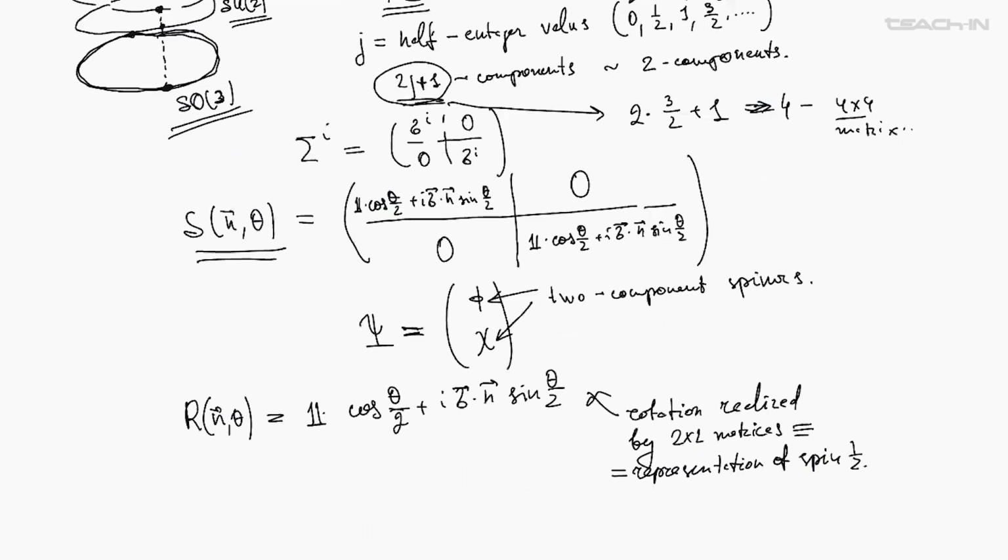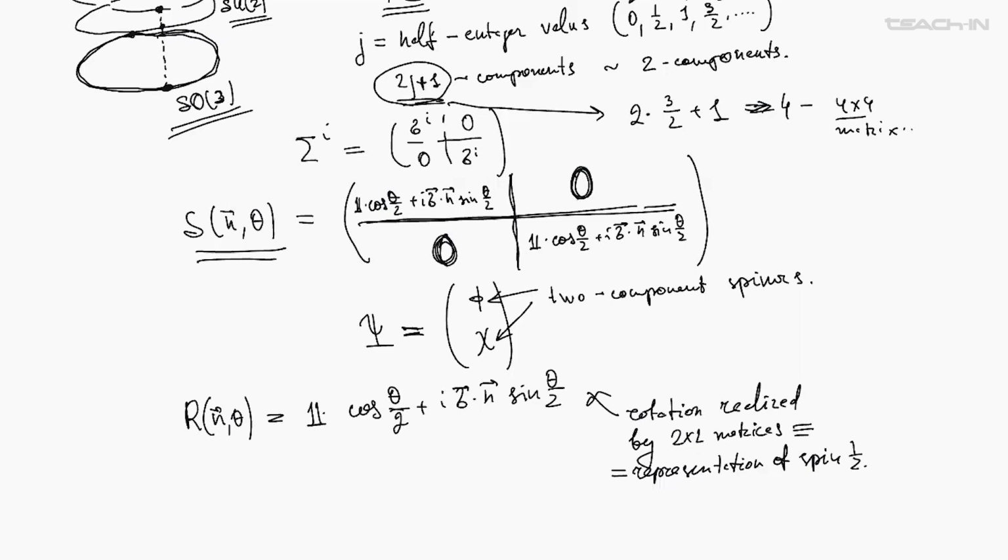But we see, in fact, that this representation factorizes into diagonal blocks. And so you can reduce it to transformations on two-component spinors, which do not mix with each other. They transform completely independently for the reason that here you have just 0 blocks. So this phi and chi do not mix at all.